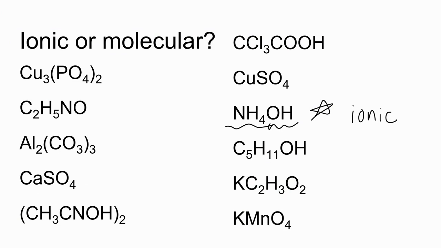So if it has a polyatomic ion and a non-metal, then what is it? I don't think there's... It'll probably be molecular. Yep. Will there only be a few that are different, like ammonium?